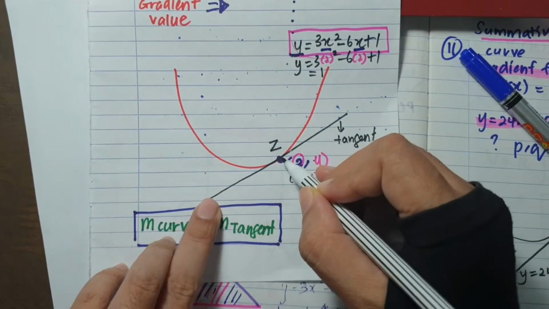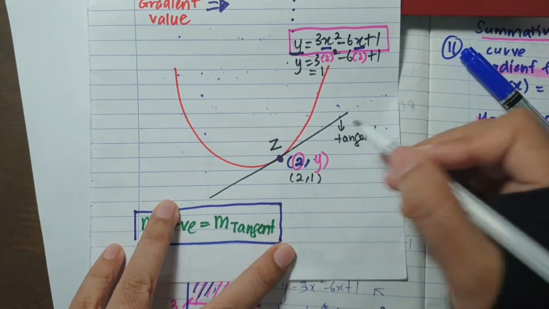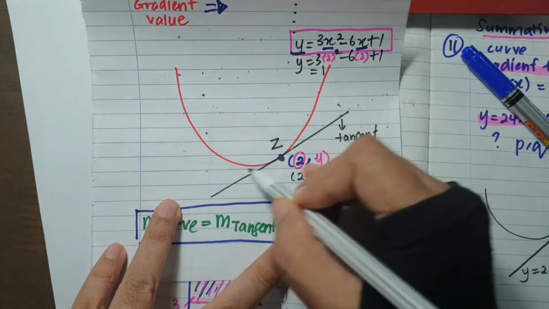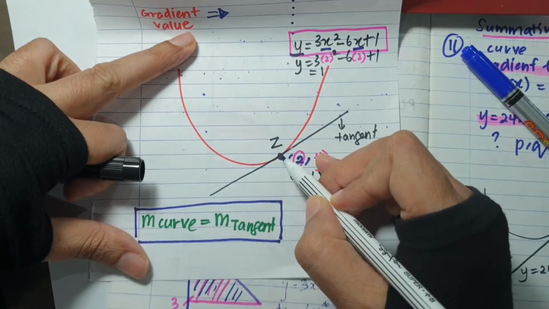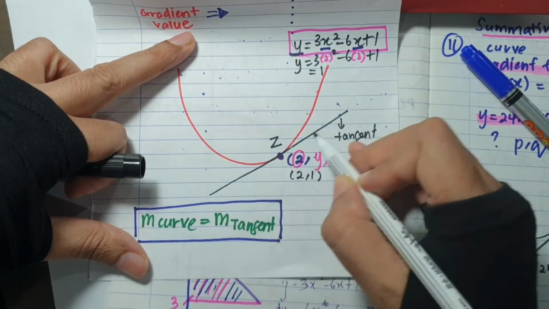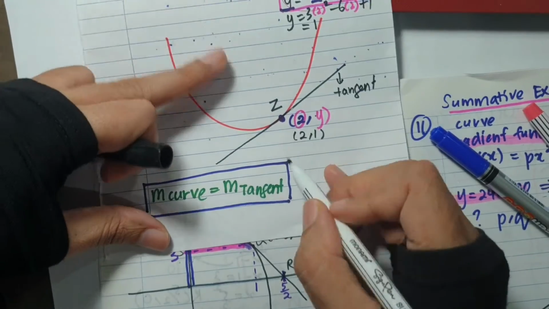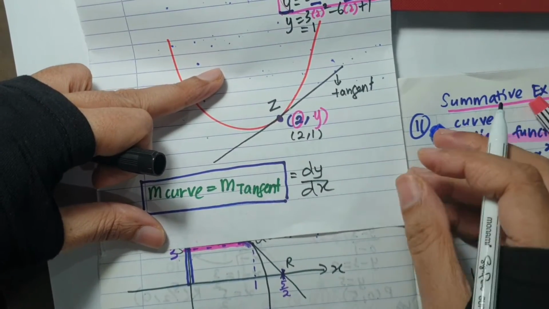You can see the line touches the curve at a point, so this line is known as a tangent to this curve. If you want to find the gradient of the curve at point z, you need to find the gradient of the tangent to the curve. And how to find the gradient of the tangent to the curve? You can get it from the gradient function of the curve.